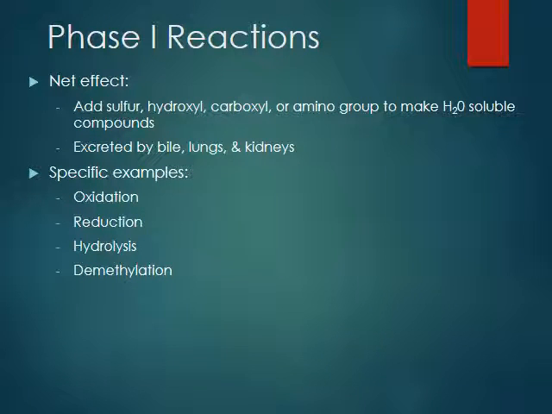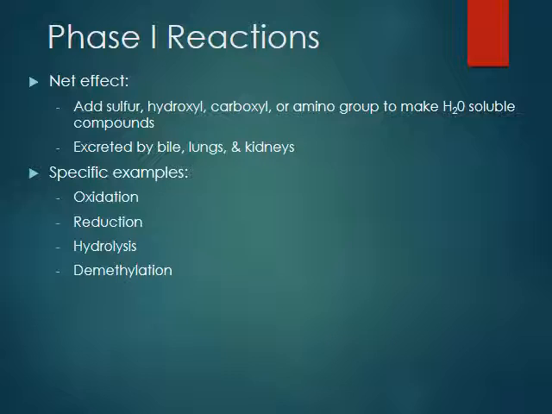So looking at the phase 1 reactions that occur, again, this is where our CYP enzymes come into this. And remember, the net effect here is we're trying to make the drug molecule more soluble, or we're trying to uncover a functional group where we can add on a moiety in the phase 2 reaction.